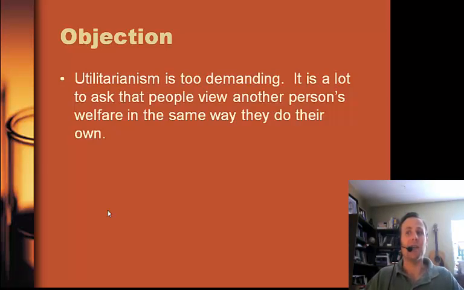You're supposed to treat everybody's happiness as equally important on the utilitarian model. And that asks a lot of people, right? We're accustomed to treating ourselves as special. We're accustomed to treating ourselves and our own happiness as most important. And the utilitarian model asks us not to do that. Right? It says, your happiness is no more important than anybody else's happiness. And that makes for a challenging moral theory. It ends up asking a lot of us.